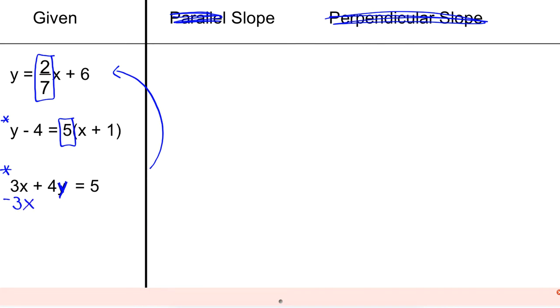What we do to one side, we'll do to the other. Now we have 4y. We need to undo that. We'll divide by 4. What we do to one side, do to the other. And again, your slope is now the number in front of the x, which is negative 3/4.